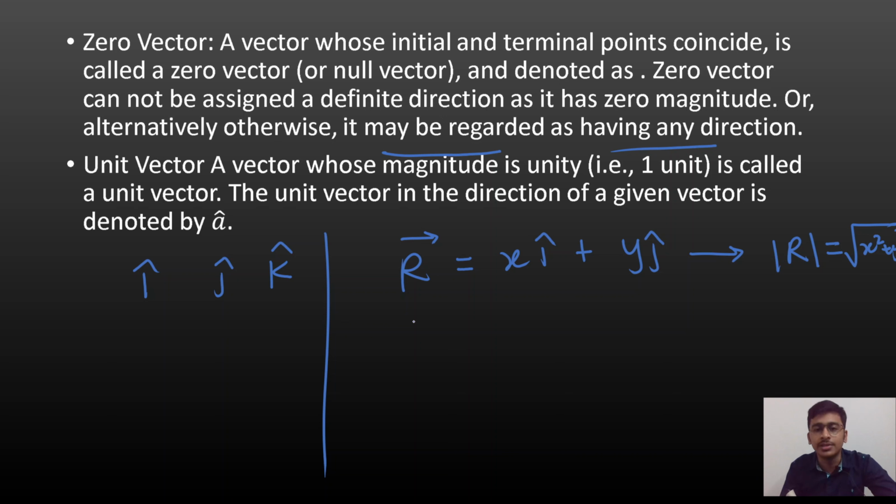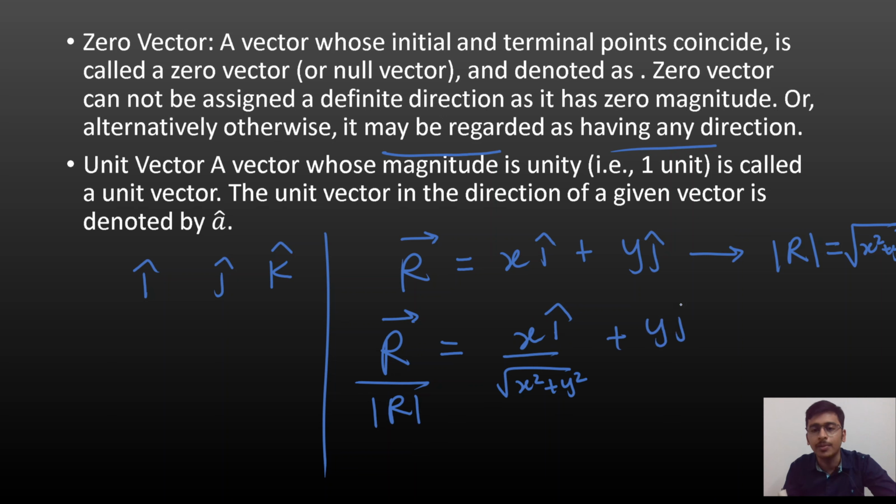So what happens if I divide this vector by its magnitude? I get r vector as x i cap upon root x squared plus y squared, I'm dividing it by its magnitude, plus y j cap upon root x squared plus y squared.